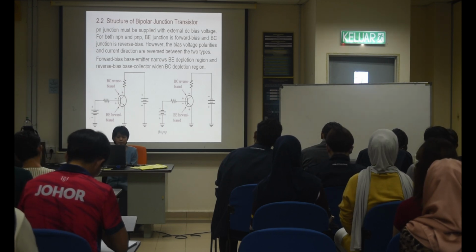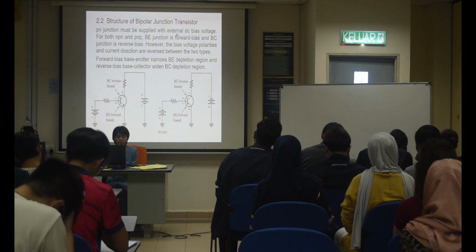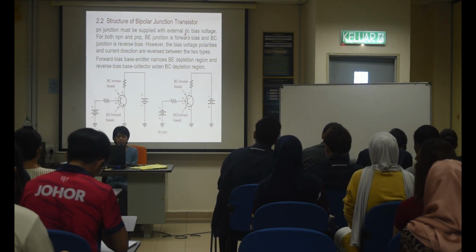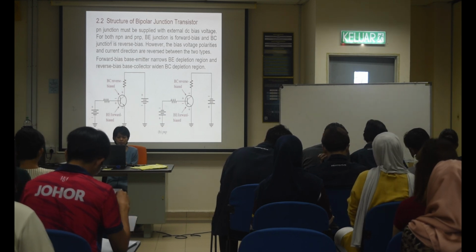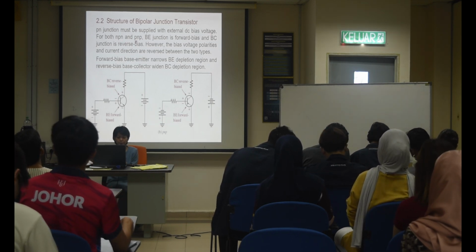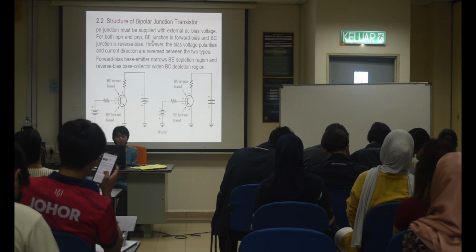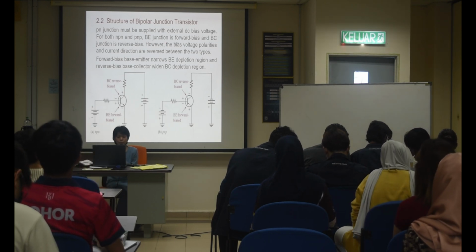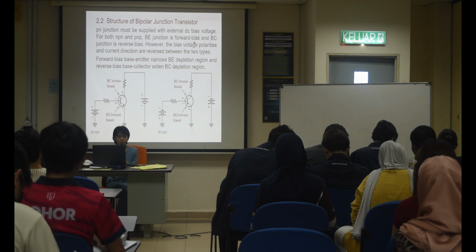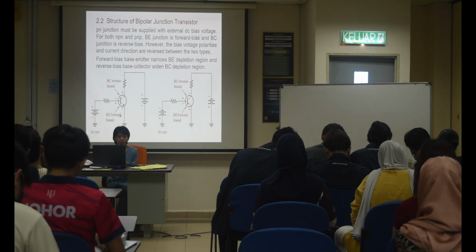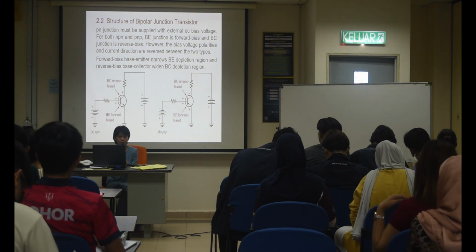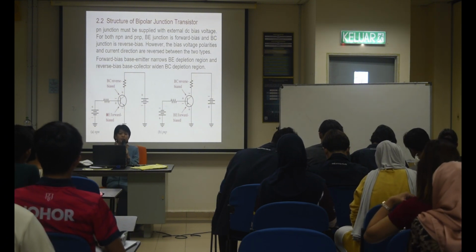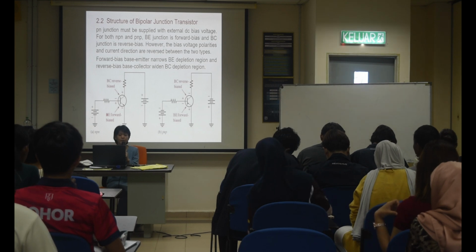So you can see PN junctions must be supplied with an external DC voltage. For both NPN and PNP, the B and E junction is forward biased. The emitter and the base must be forward biased.